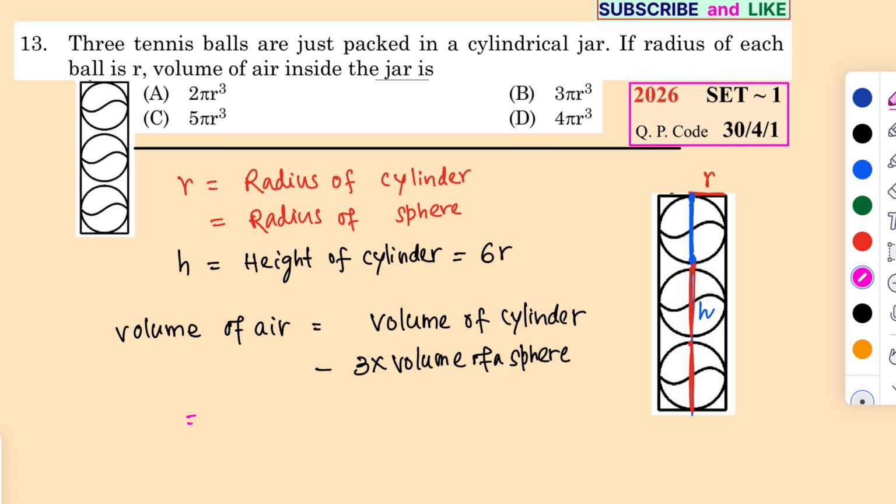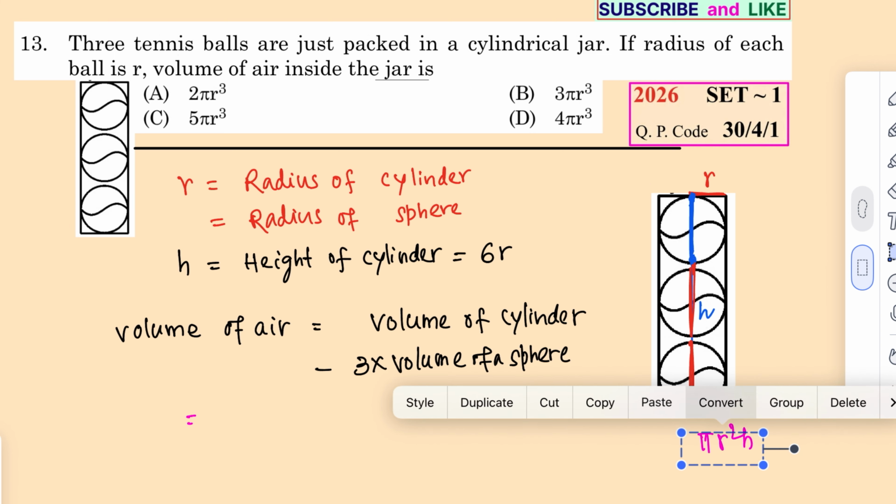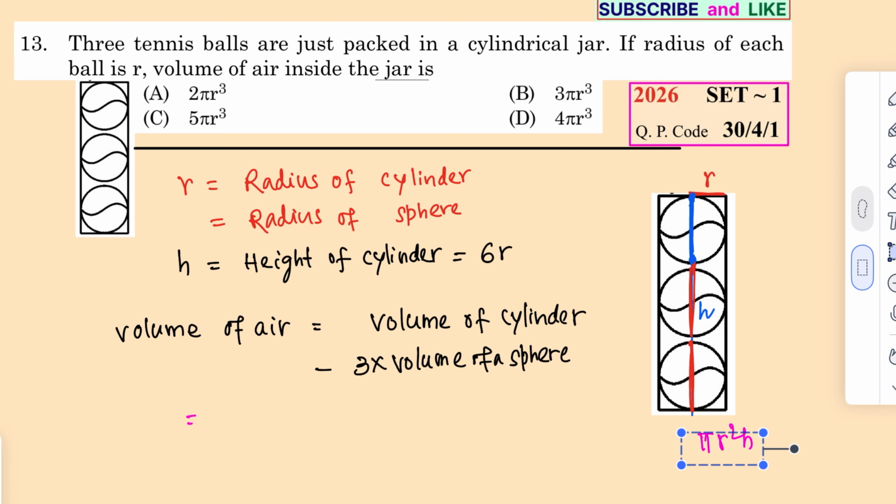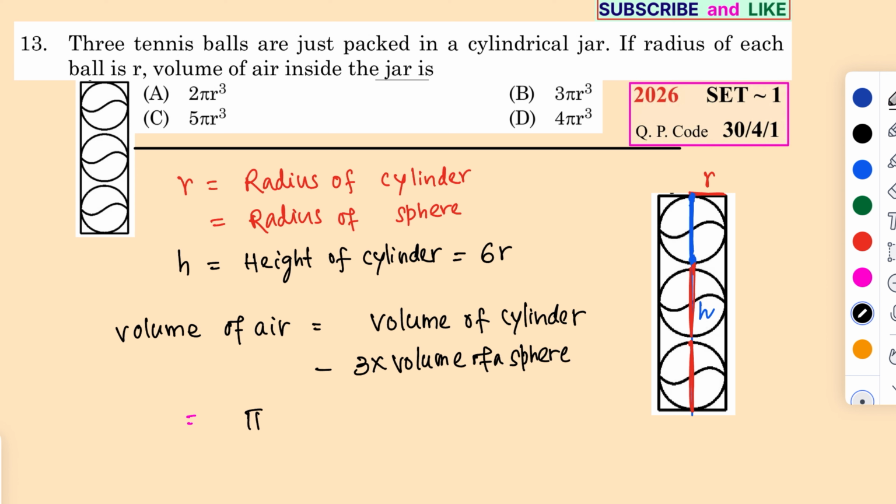Cylinder volume, the formula for a cylindrical structure or cylindrical jar. The volume of the cylindrical jar is pi r square h, where r is the radius and h is the height. We can directly write here pi r square h.